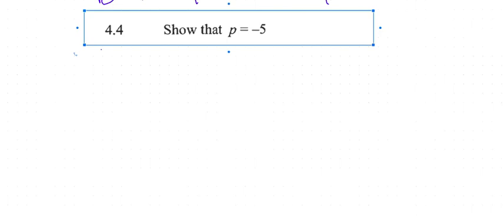Now we have 4.4: show that p equals minus 5. So we have the C point is minus 7 and p, and it lies on the tangent EC, okay?